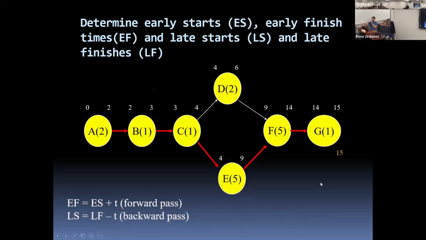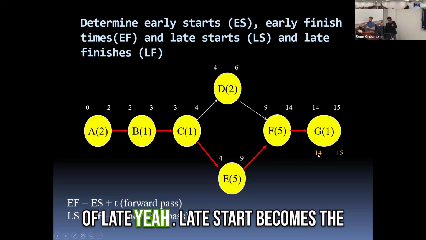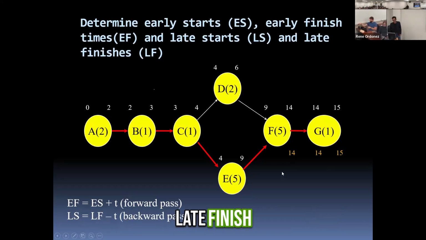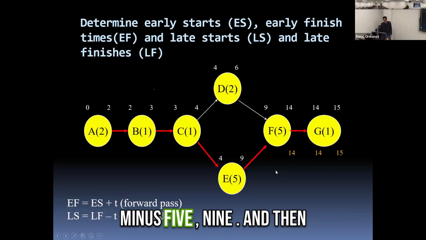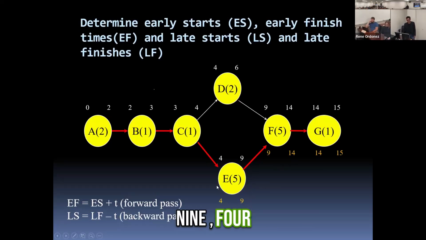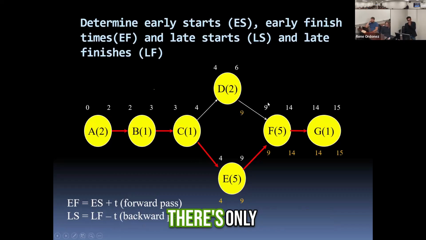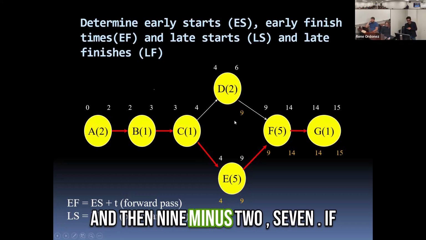The late start becomes the late finish of the previous activity. Minus 5, 9. And then 9, 4. So that one would be 9 because there's only one path, and then 9 minus 2, 7.